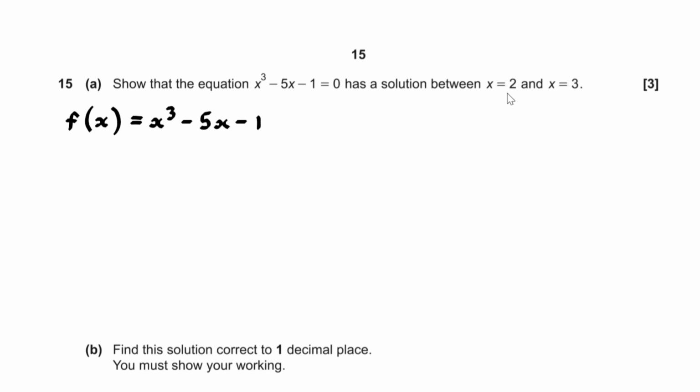And what we can do is substitute in x equals 2 and x equals 3 into this. So if I find out what f of 2 is, I replace the x with 2. So we would have 2 cubed subtract 5 times by 2, and then we subtract 1.